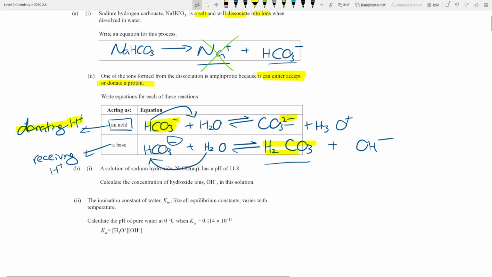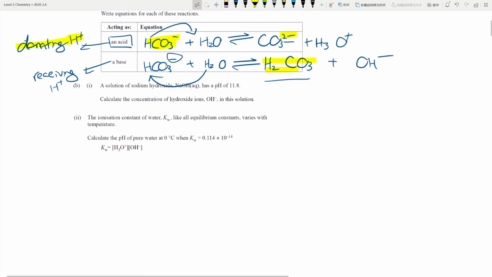Okay, now next part here, for b(i), a solution of sodium hydroxide NaOH has a pH of 11.8. Calculate the concentration of hydroxide. Easy. So if we know pH equals 11.8, I'm going to use my method. If you aren't sure how to do pH calculations, refer to one of my previous videos on pH calculations.